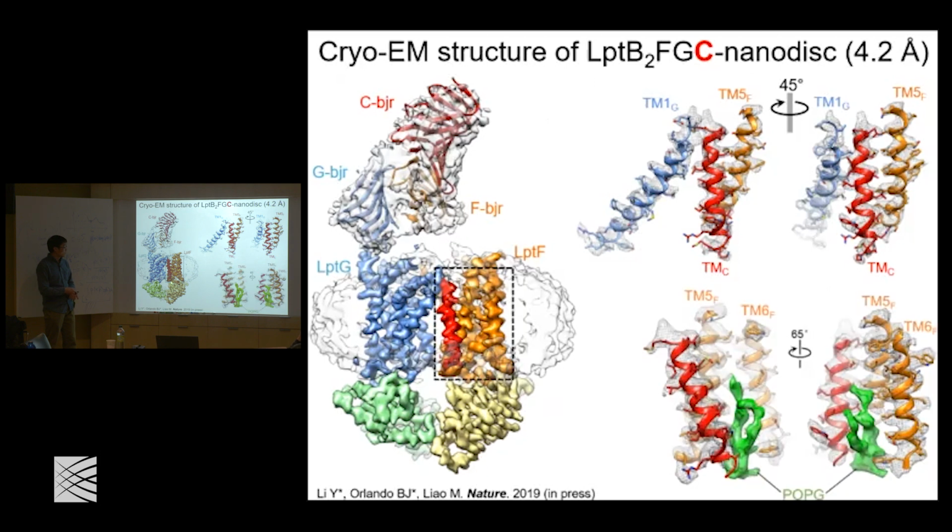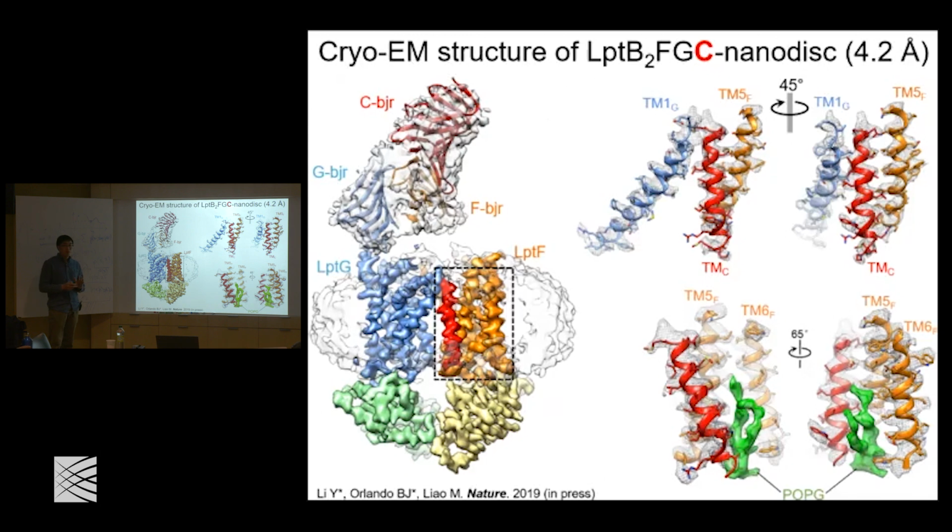On this side, we also identify a lipid density, which we model as a POPG. It seems that through all this interaction, the helix from LptC has very strong hydrophobic interaction with LptF, and also a weak interaction with LptG.